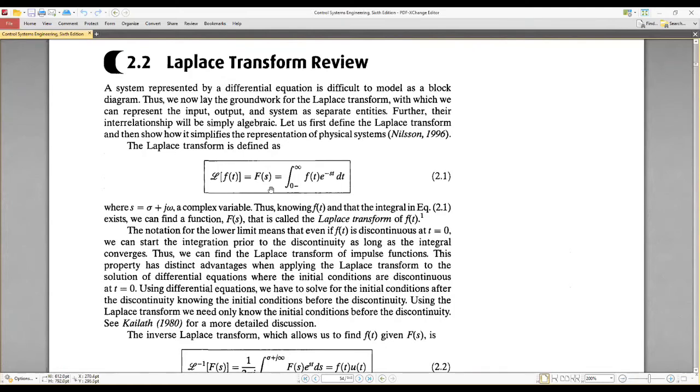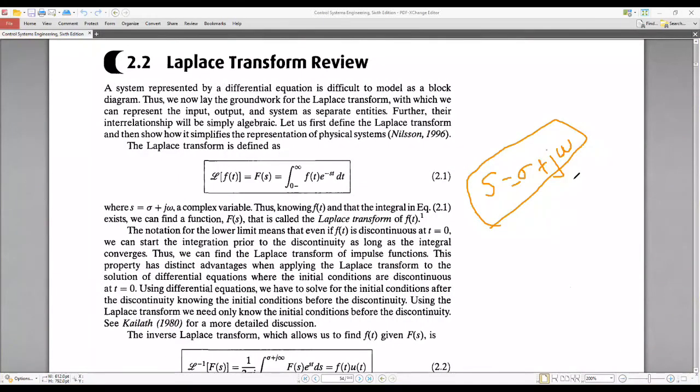This is the range: f(t) e to the power minus st dt. Here, what is s? s is actually sigma plus j omega.